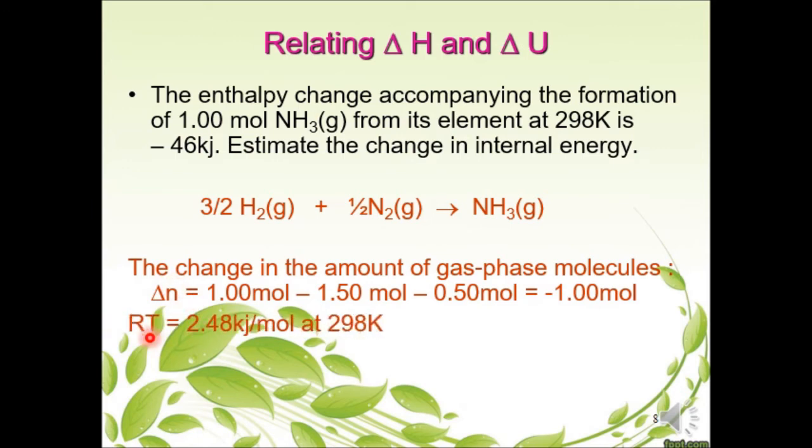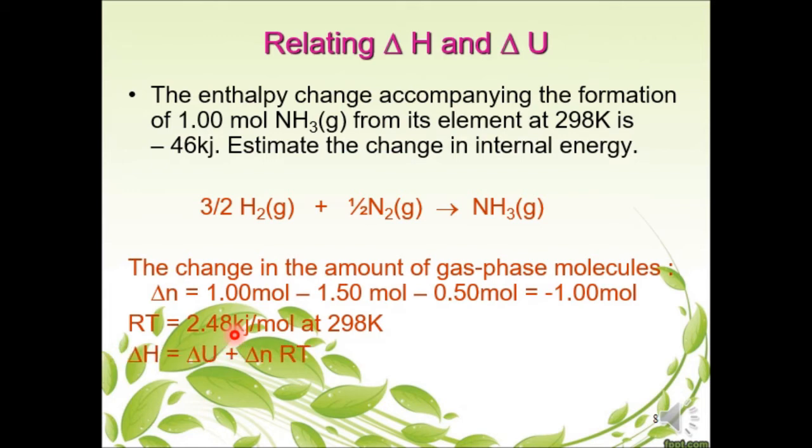So RT has been calculated for you, using the constant R multiplied by T, where R is 8.314 joule per mole per Kelvin, multiplied by the temperature, which is 298 Kelvin. We get 2.48 kilojoule per mole.